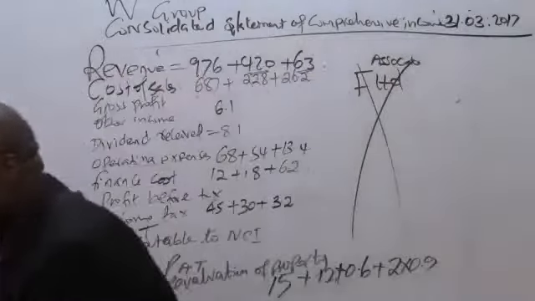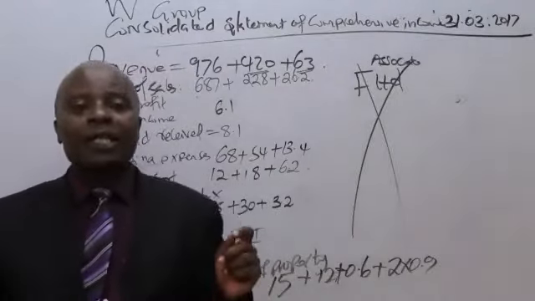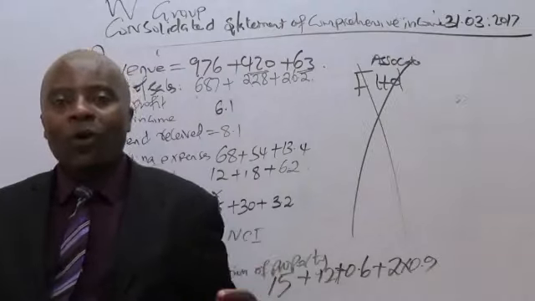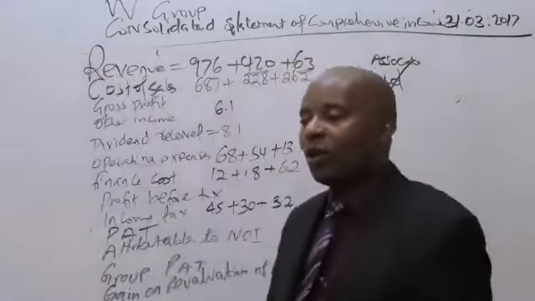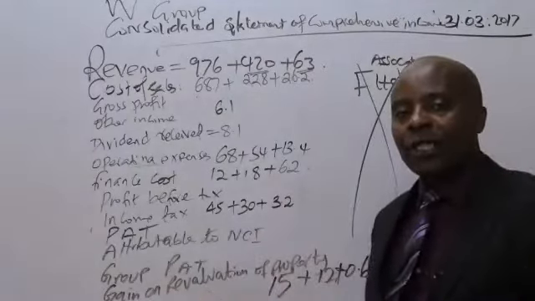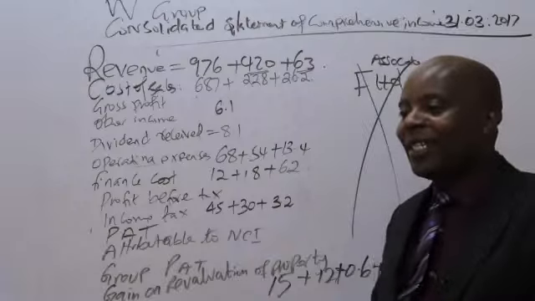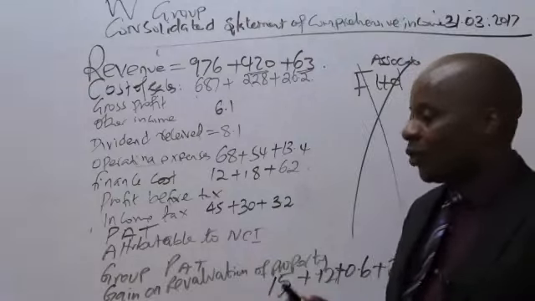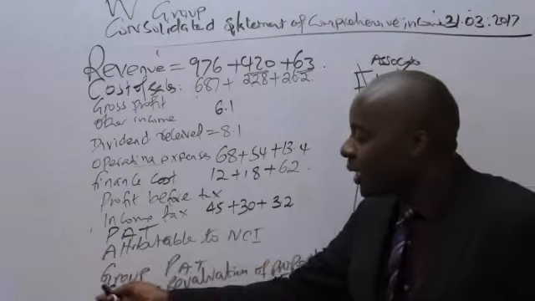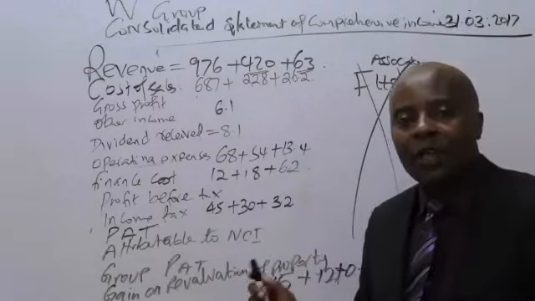Ladies and gentlemen, remember, I'm just here not to complicate your life. I'm just here to make your life easier, to show you how you can harvest what we normally call low-hanging fruits. And the very first low-hanging fruit that I would want everybody to understand here today is this thing here. All these items that come after other comprehensive incomes.